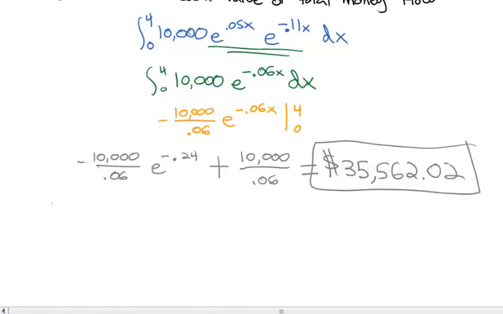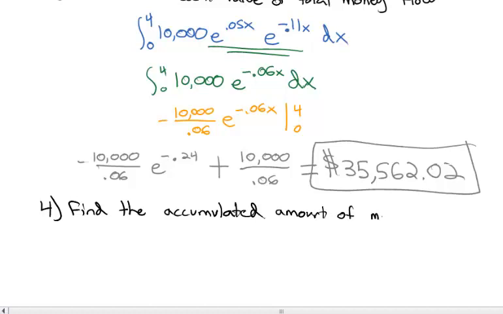So how much is that total amount? We can find the accumulated amount of money flow. The accumulated amount is the present value amount, which we just found was $35,562.02, times e to the interest rate.